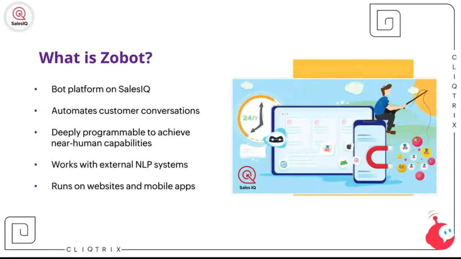Moreover, they can run on both website as well as mobile application. So Zobot is entirely user-based, meaning it acts according to how you build and define it. It's highly customizable, and you can fit the trends and business criteria you need. So basically, when you are busy, Zobot is going to do your work exactly like you do.